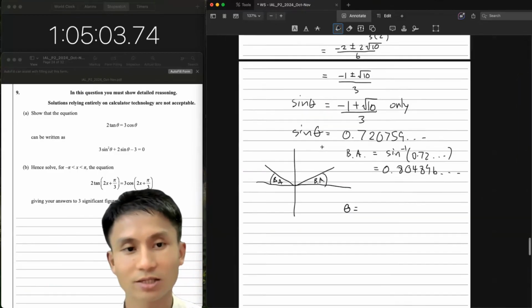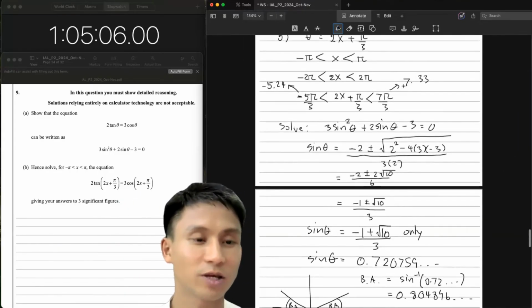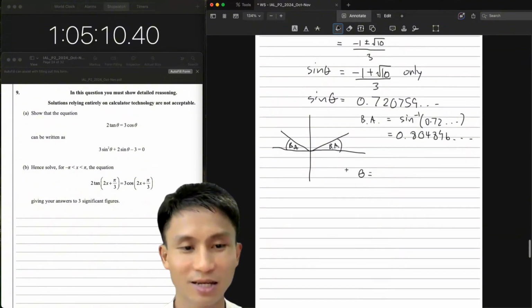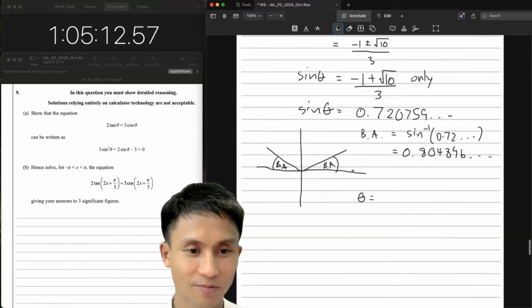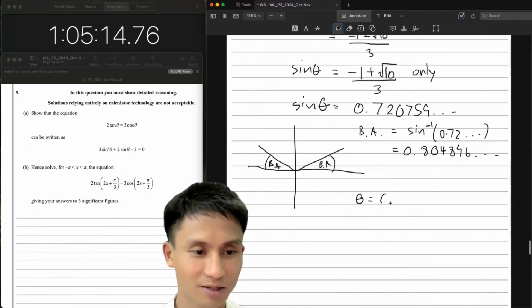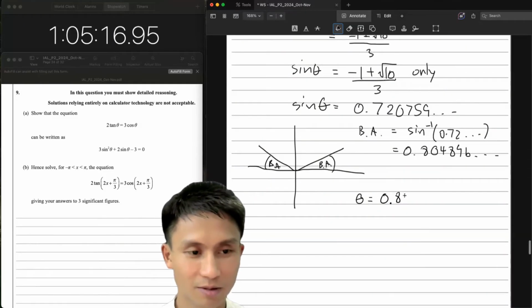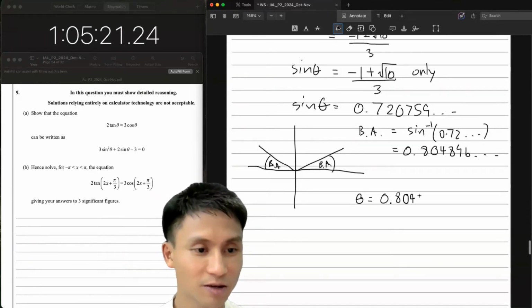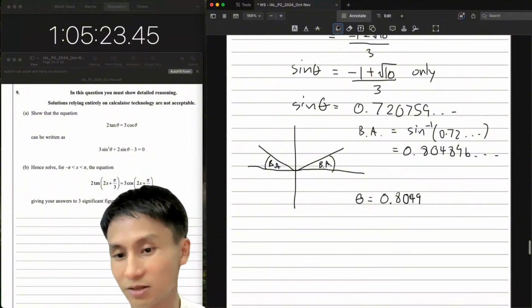Let's check for the positive answers first. We cannot go beyond 7.3, which is a bit more than 2 pi actually. So the first one is that. I'm going to do 4 significant figures first just to be safe, because we need to turn it into 3 later.